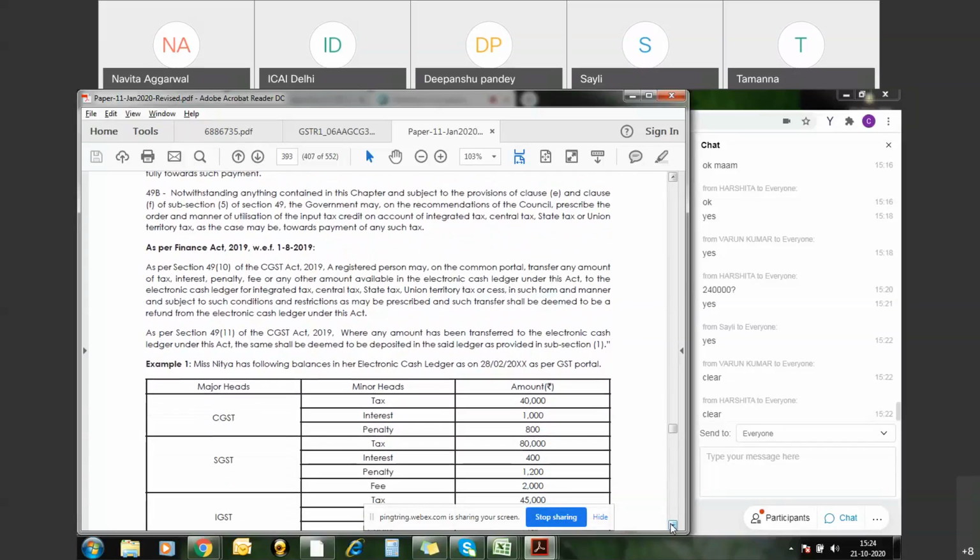So there are certain amendments made as per Finance Act 2019 that are applicable from 1st August 2019.